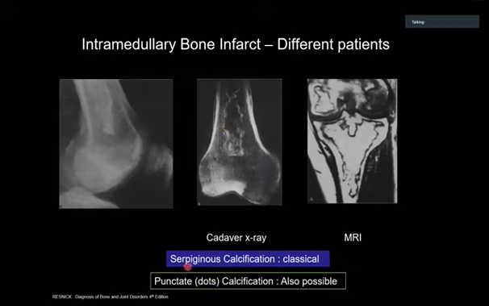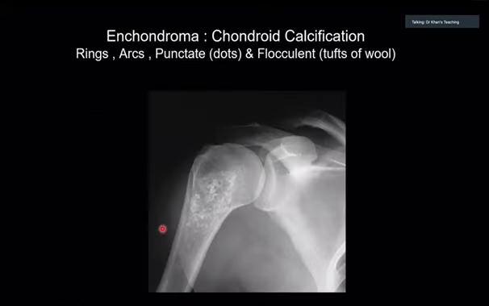Now, serpiginous calcification is classical for a bone infarct, but there can be a punctate type of calcification at times. Punctate means dots. That can also happen. But exam calcification will be this type. Why is it important? It is very important because you have to discriminate it from this entity.